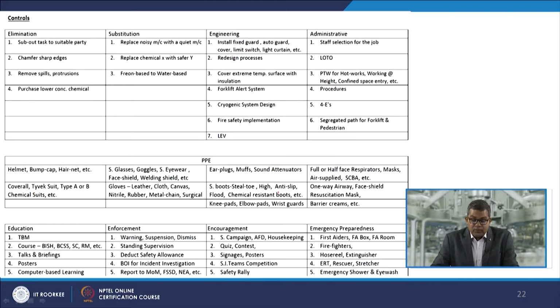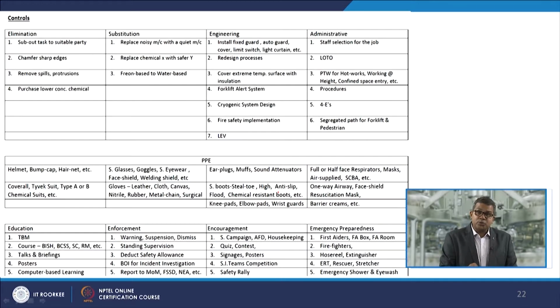You may install a fixed guard, auto guard, cover, limit switch, etc. And the administrative protocol says that you must have proper staff selection for a job. Similarly, in personal protective equipment there are helmets, hair nets, covers, splash suits, glasses, goggles, earplugs, muffs, sound attenuators, etc. So these are certain personal protective equipments.